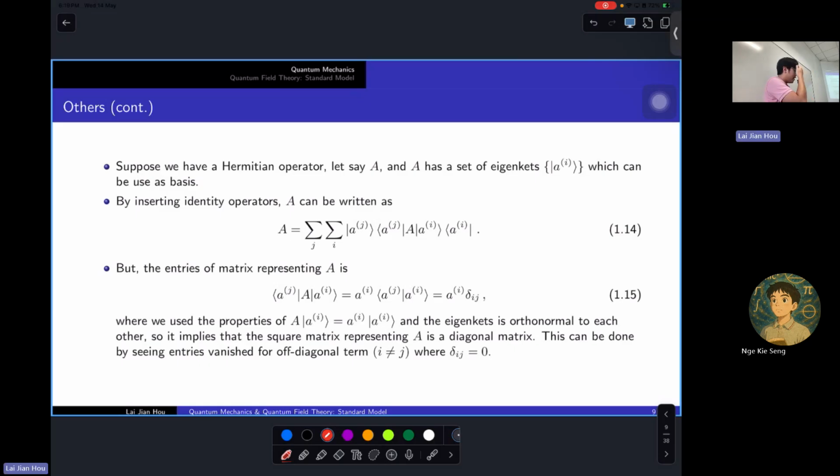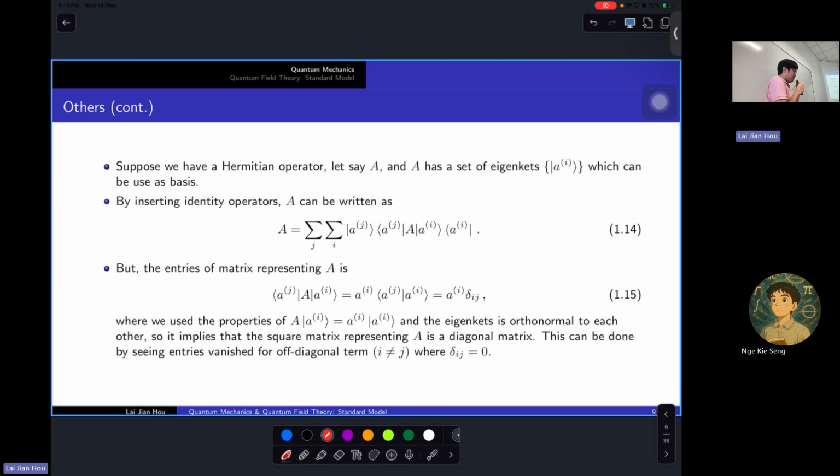Suppose we have a Hermitian operator. Just now we were talking about the operator in the general sense. Now we will limit ourselves to the Hermitian operator. Let's say we have A, and A has eigenkets which we want to use as a basis.